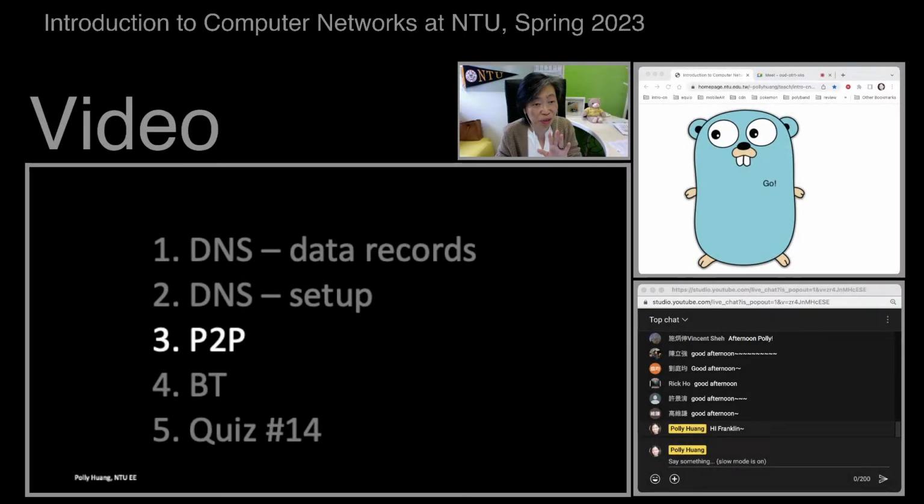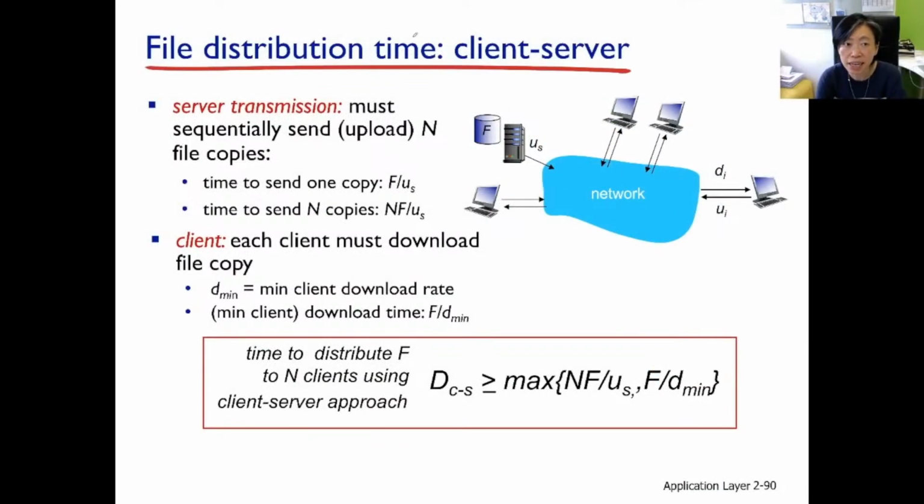All right, so using that setting, let's see how long it's going to take to distribute a big file F to all the users using the client-server model. Now let's calculate the time it takes to distribute the file to all end users. First, assuming the client-server model, meaning the server here needs to upload a copy and distribute it to each of the clients.